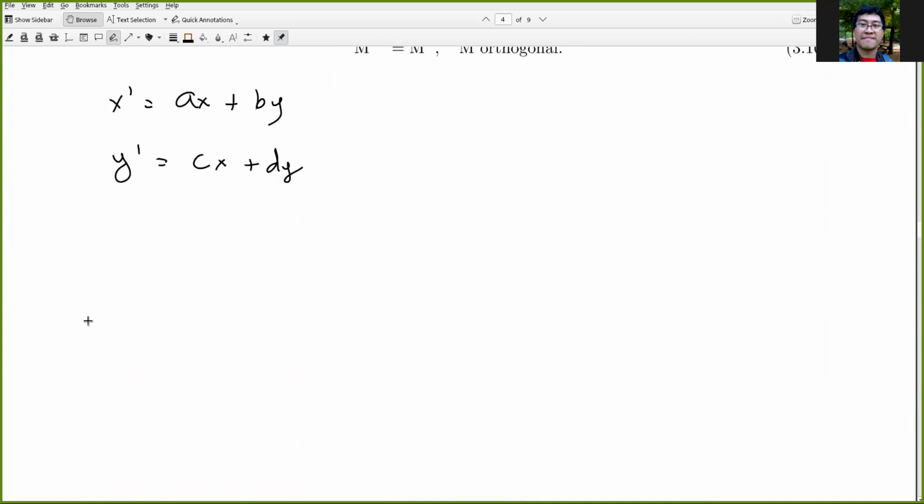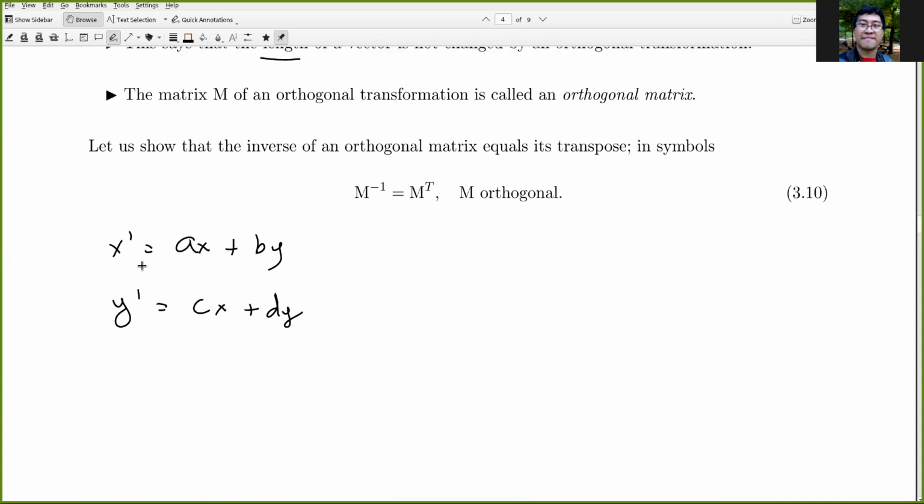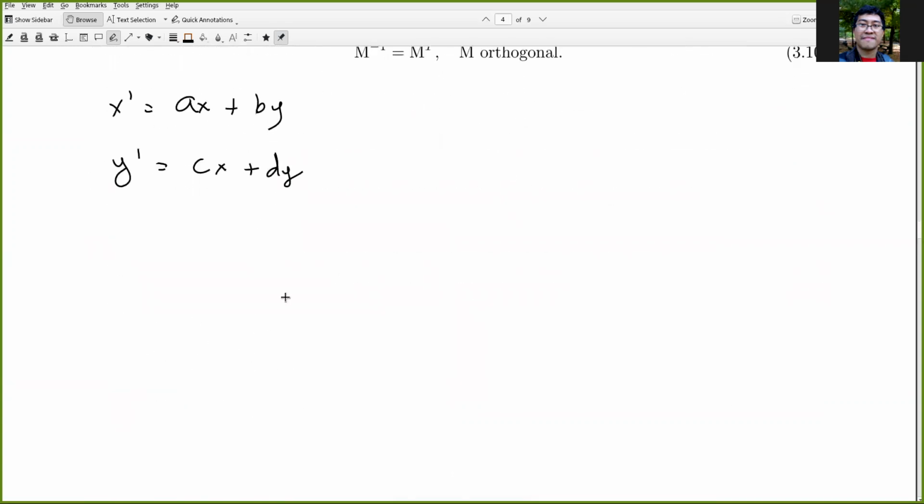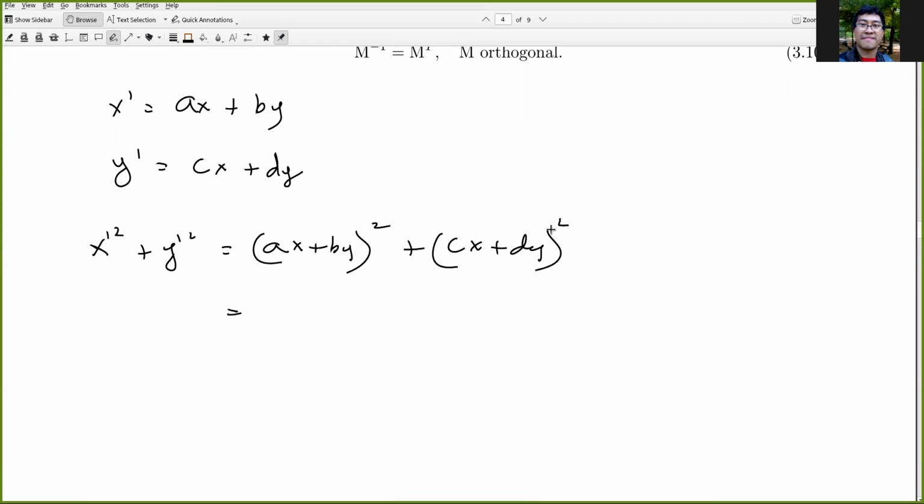Next step, we try to form this left hand side. So that's x prime squared plus y prime squared. That would be (ax plus by) squared plus (cx plus dy) squared.